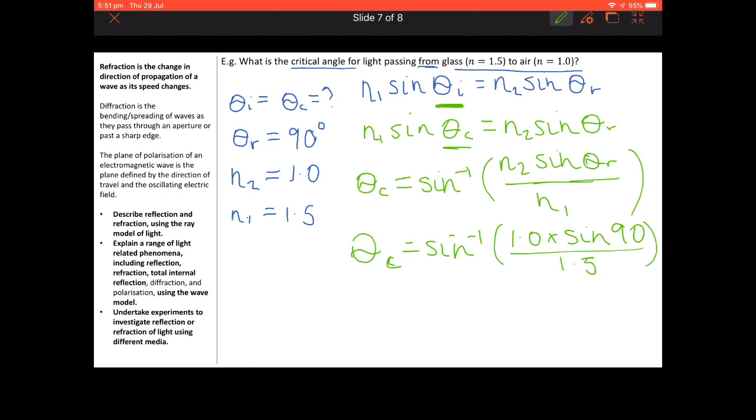Sine 90 is equal to 1, so this will be critical angle is equal to inverse sine of 1.0 divided by 1.5, and if you pop that into your calculator, you'll end up with a critical angle of 42 degrees. So the critical angle for light passing from glass into air is 42 degrees.